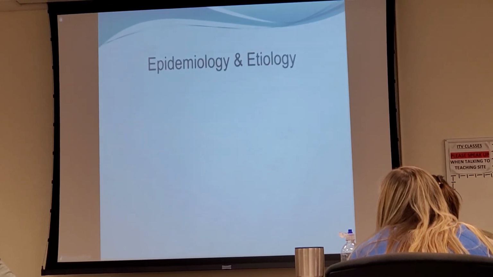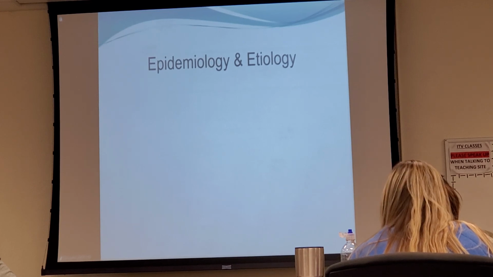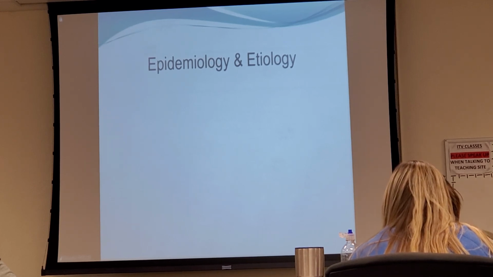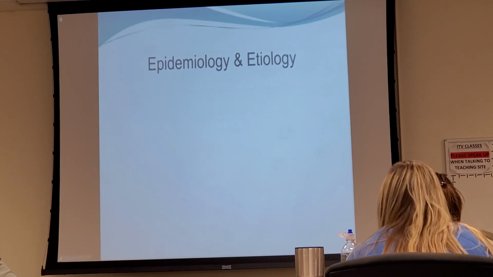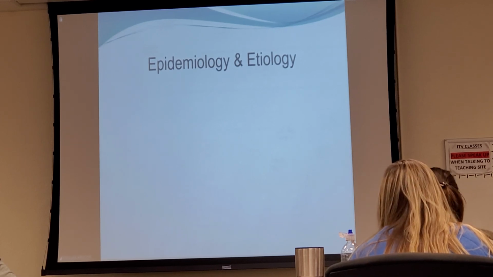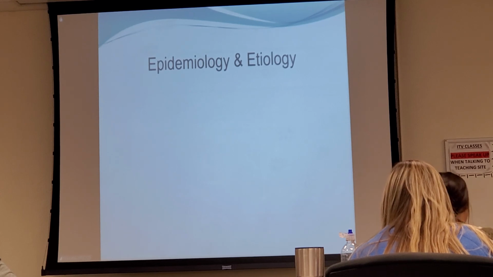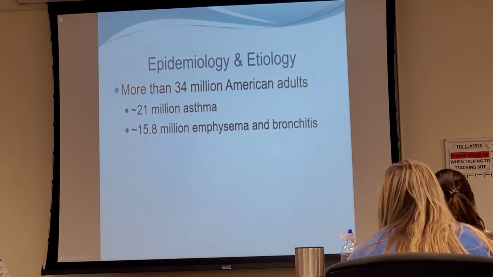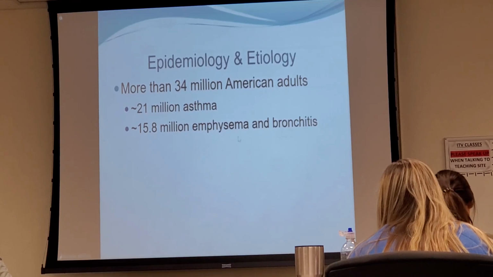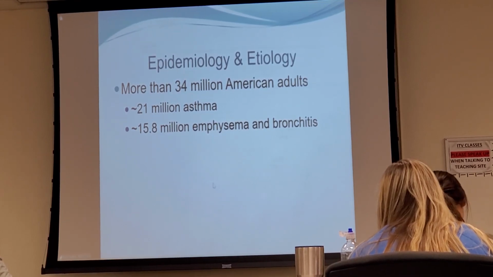The next slide is epidemiology, remember that's the study of disease, and etiology is what the causes are. These are just some FYI so that you know how serious these respiratory conditions are. According to the current text, about 34 million American adults live with it. About 24 million of them live with asthma, and about 15.8 million live with emphysema and chronic bronchitis.